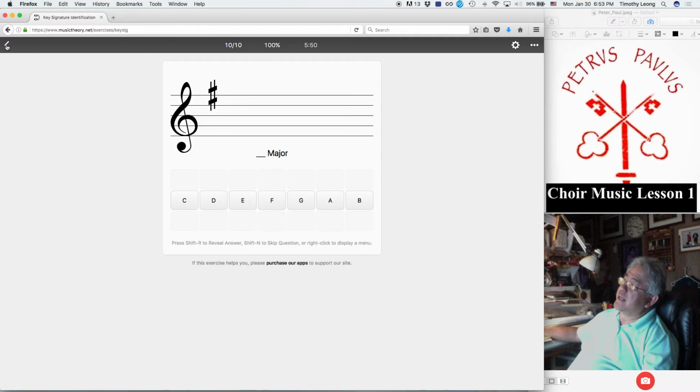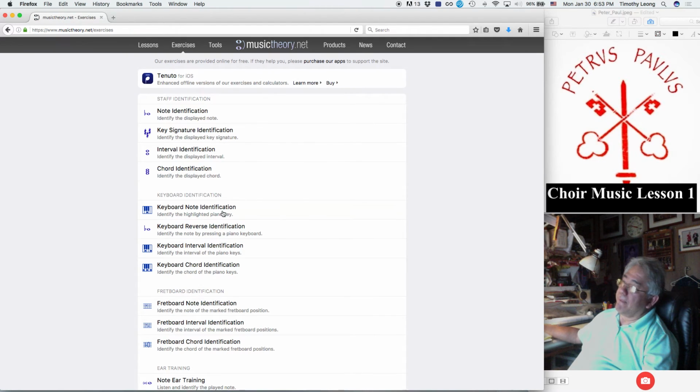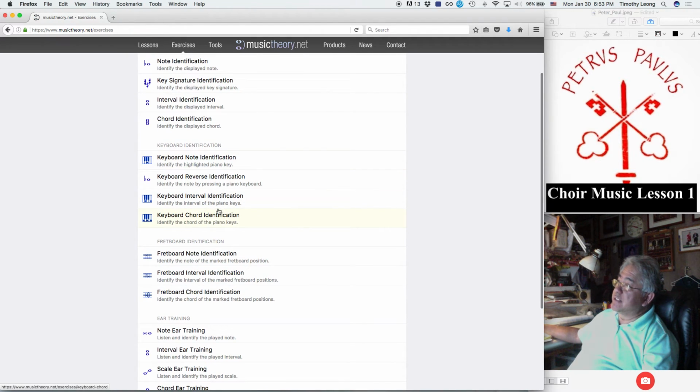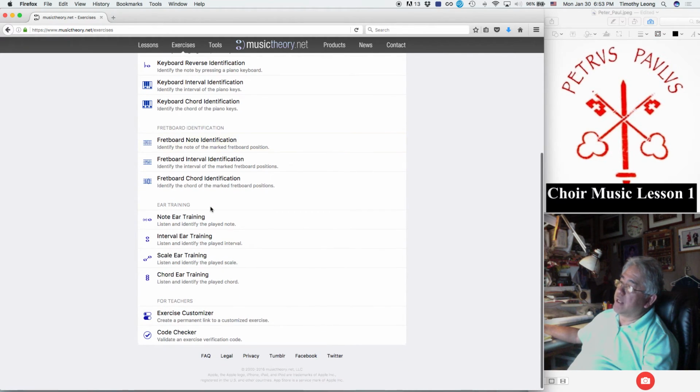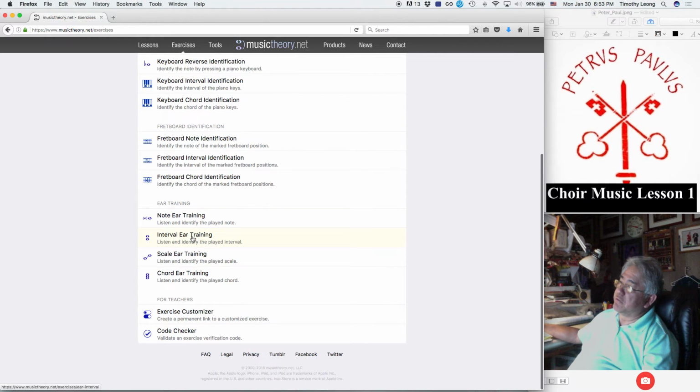Okay, so then you can do this thing called interval identification. And more importantly than this, we'll go over this later, but more importantly, I would like for you to try playing with this interval ear training. Note ear training and interval ear training.